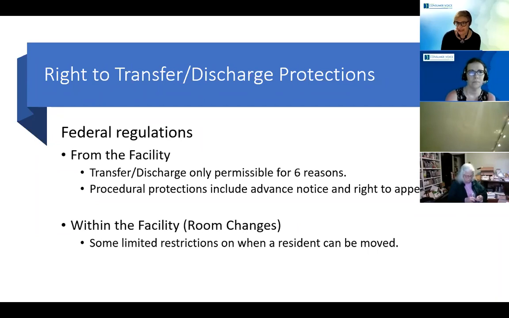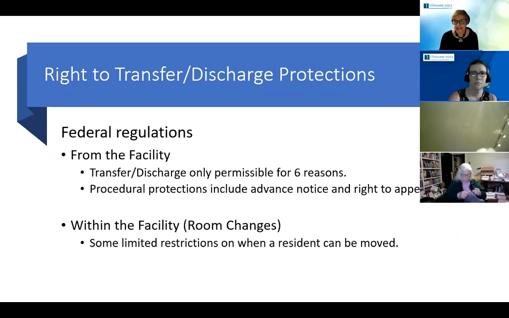There are only 6 permissible reasons that a facility can discharge a resident. So if the facility proposes to discharge someone, it can only be for one of these reasons. So I just want to cover them very briefly. If the facility can't meet the resident's needs, if the resident has improved and doesn't need nursing home care, that's the happy reason, right, to leave the facility.